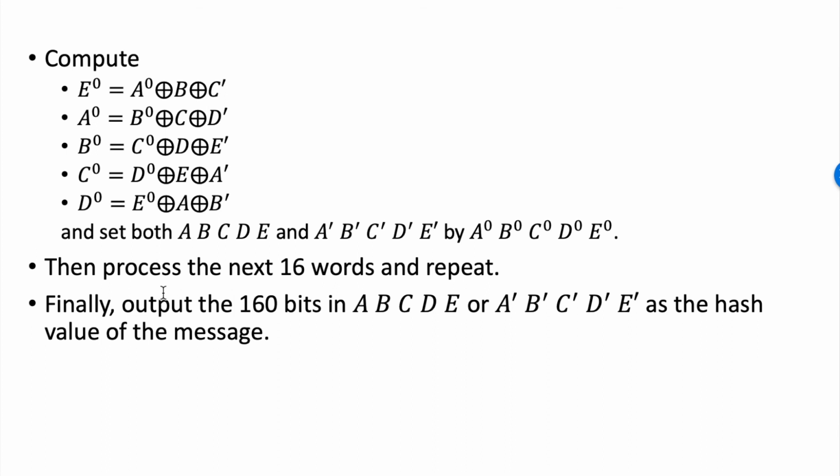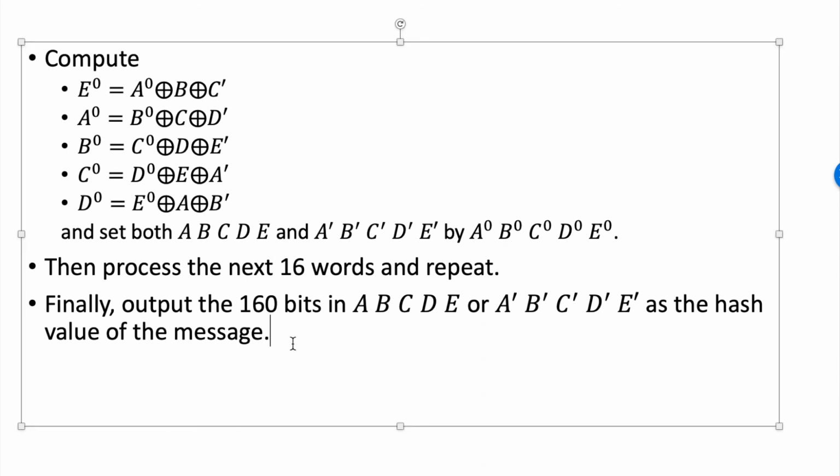And finally, we will output the 160 bits in ABCDE or the other set of buffers. They are the same because for each process, we always set them to the same value we calculated. So this is the resulting hash value of the original message.